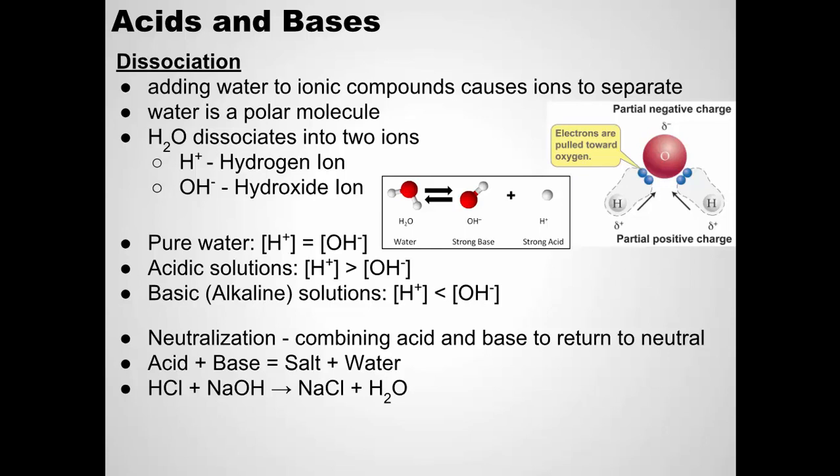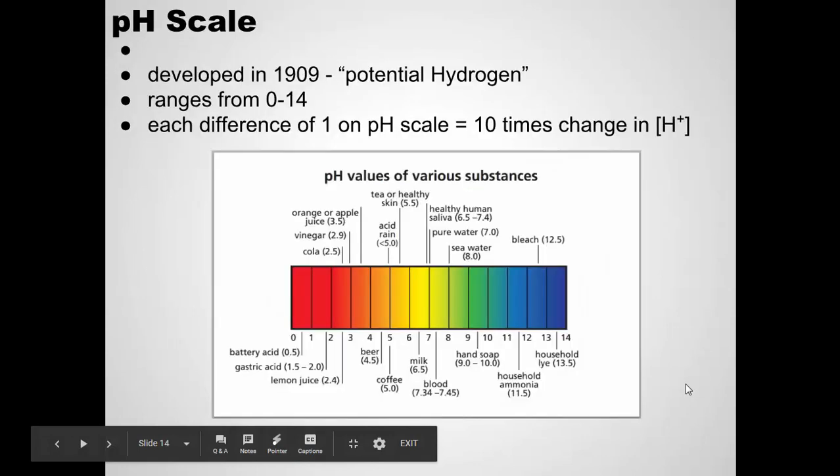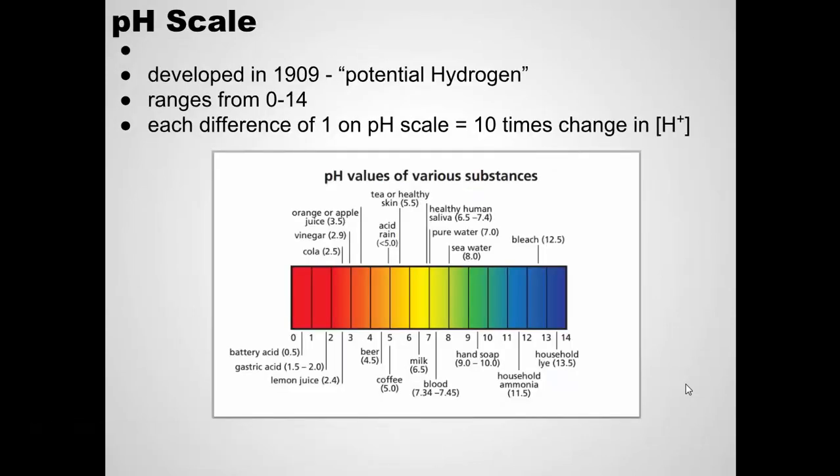All right. So the scale we use when we're measuring acidity is called the pH scale. The pH scale comes from the words potential hydrogen, because that's what acidity is, how many hydrogen ions there are. It was developed in 1909, and the thing you guys were confused about and asking questions about is that a low pH number indicates greater acidity.